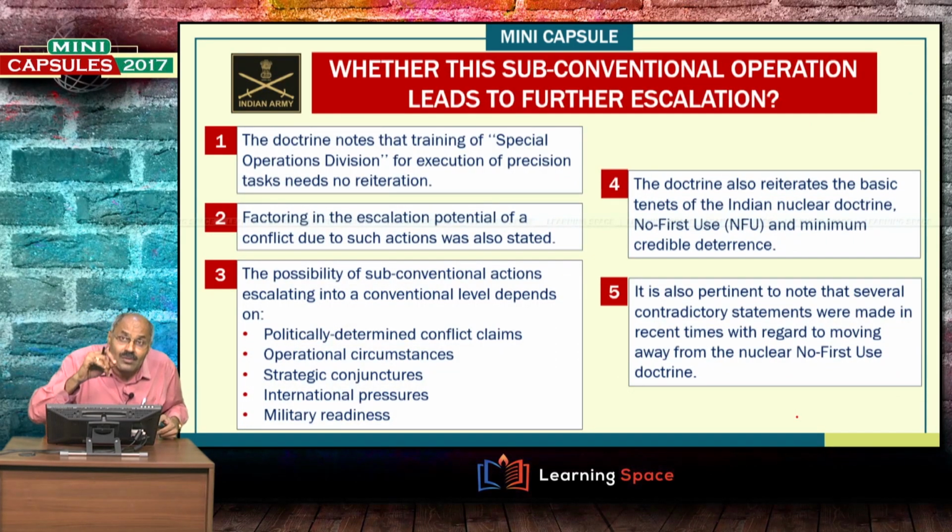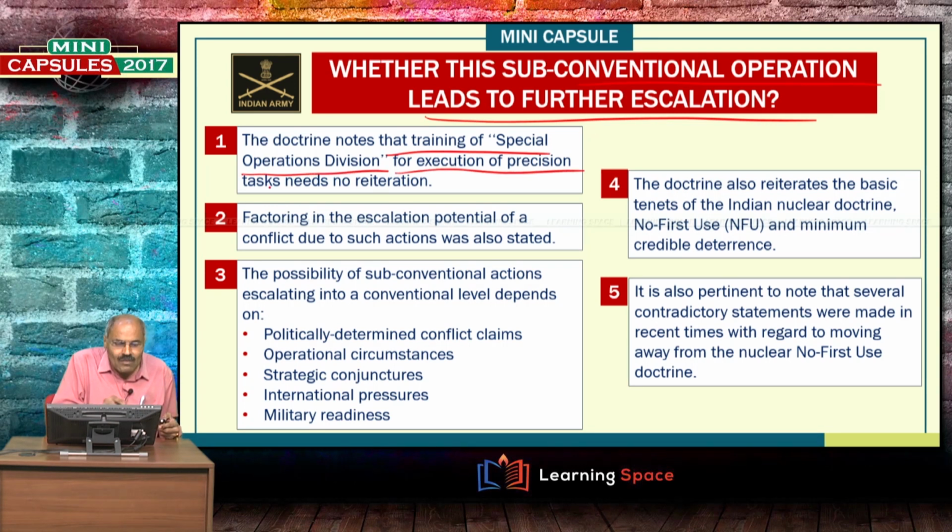If you look ahead, whether the sub-conventional operation leads to further escalation, here the doctrine notes that training of the Special Operations Division for execution of precision tasks needs no reiteration. That means for conducting such operations, the special operations division must be trained, right?